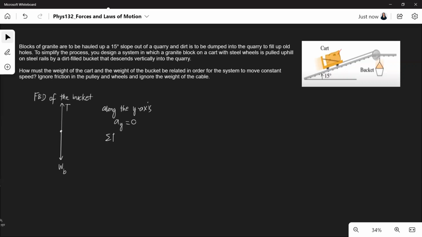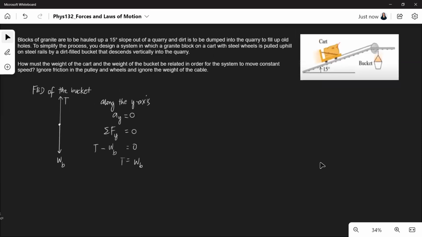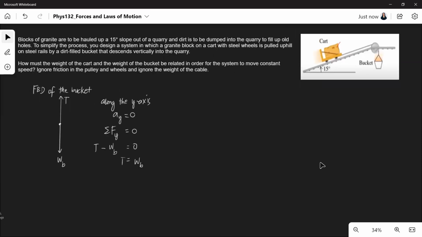Therefore, the summation of forces along the y-axis is zero. So we have tension minus the weight of the bucket equals zero, or tension is equal to the weight of the bucket. So the weight of the bucket is the one pulling the cart up the rail, and the bucket will be going down into the quarry.